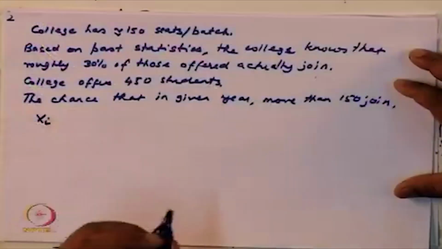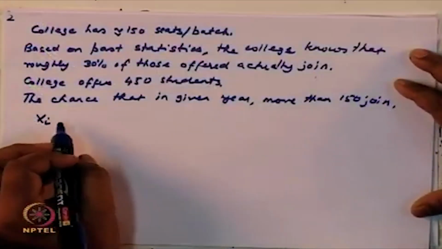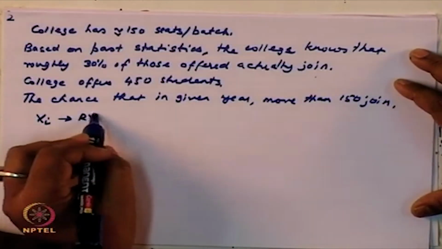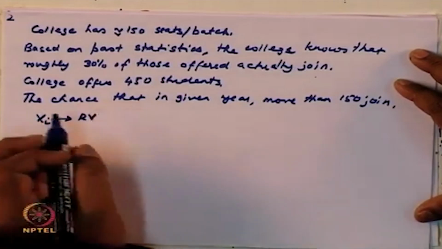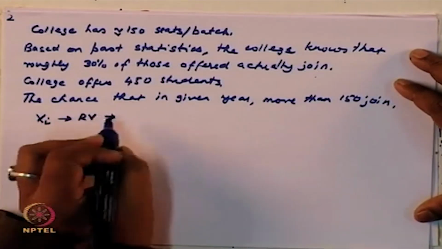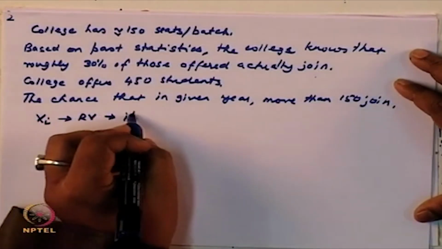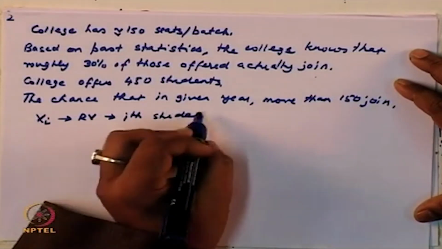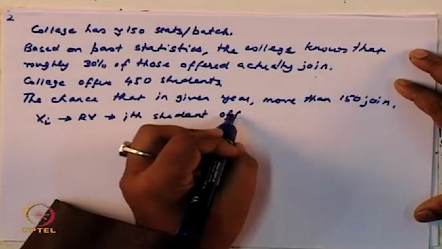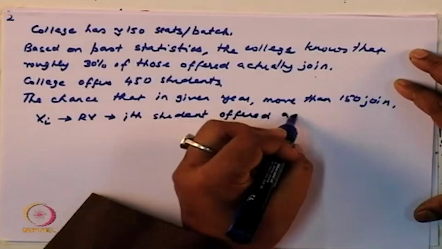What you can define is xi is a random variable associated with whether the ith student offered actually joins.